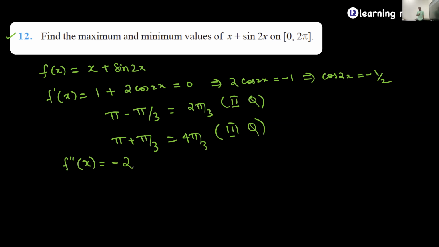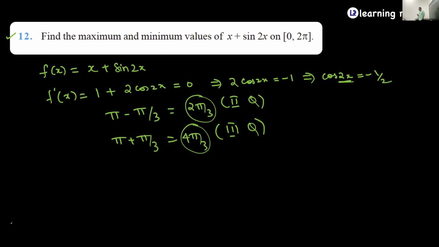But listen to this carefully. Correction. Even before we proceed, the first thing that we need to understand is that this 2 pi by 3 and 4 pi by 3 are not the value of x itself.